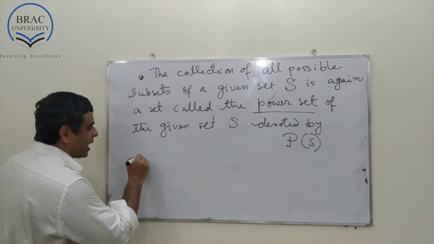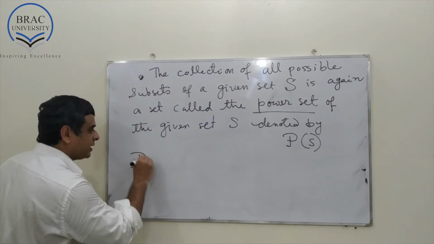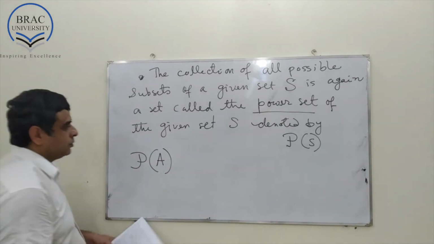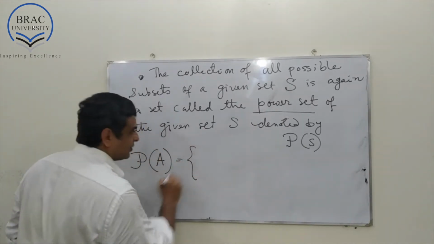So in the previous example, the power set of the 3-element set A is the following set.